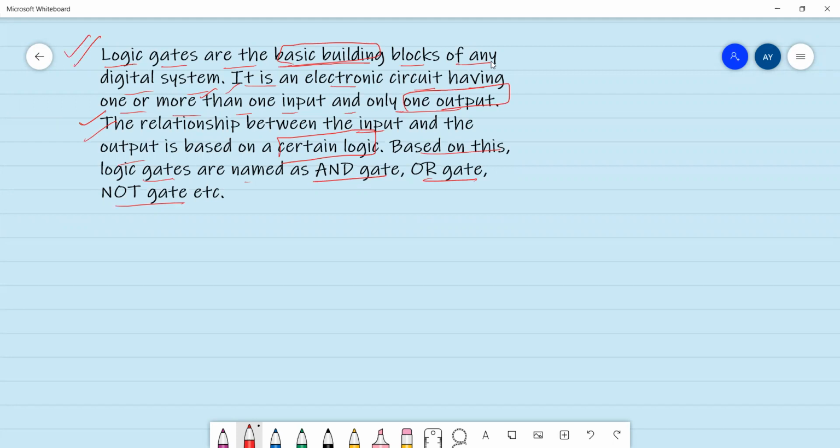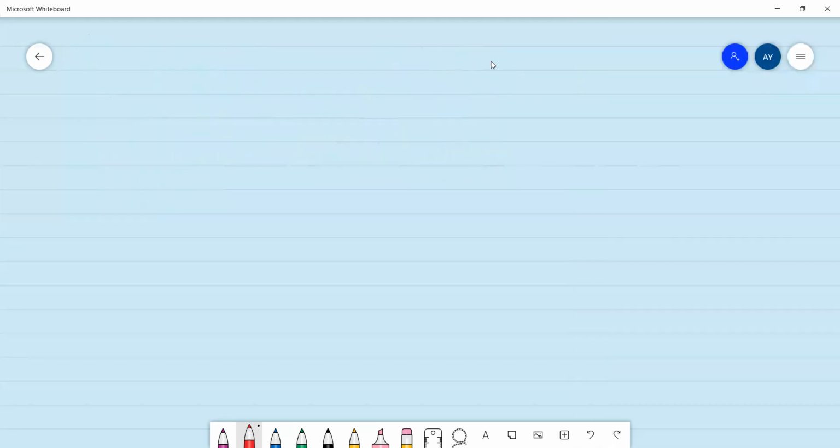Okay. Now we will quickly look into the types of logic gates.